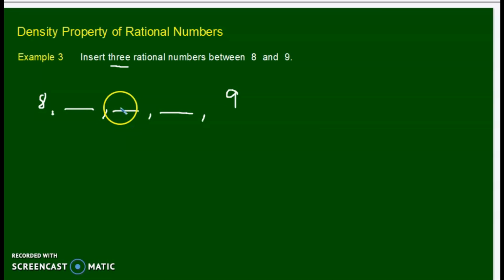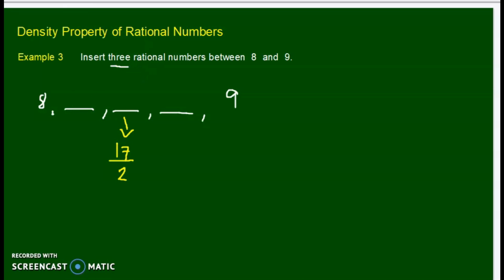So, sabi natin, yung rational number exactly between two given rationals, itong pinakagitna ay makukuha if we get the average of 8 and 9, diba? For this, we get the sum of the two and then divided by 2. So 8 and 9 is 17 all over 2. There you go. That is 17 halves.